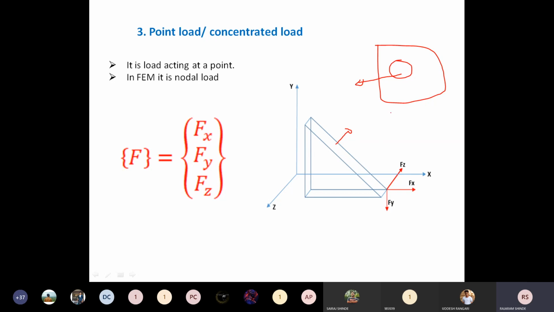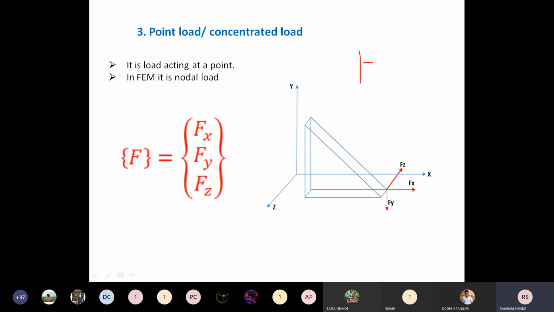So in all cases you will get displacement at a node, but in the case of body force you will get the displacement of the element as a whole. In the case of pressure load, also we get the displacement of the element as a whole. But in the case of point load, we get the displacement of the node. Why am I saying like this? Because without constraint we cannot solve the problems. That means there should be support to the body.